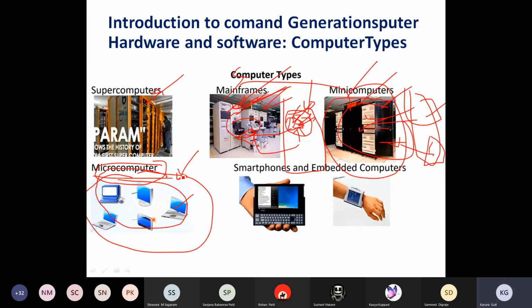It is left to you which company's laptop or desktop you want to purchase, and the cost will vary depending on that. But from 15,000, and even lower, these microcomputers are available nowadays. This serves the end user's purpose, and these are purely meant for general purpose work.